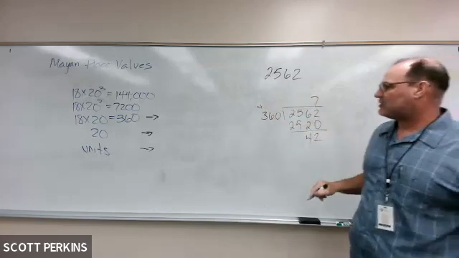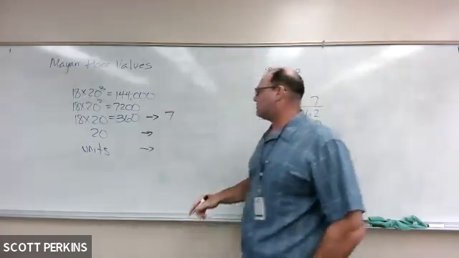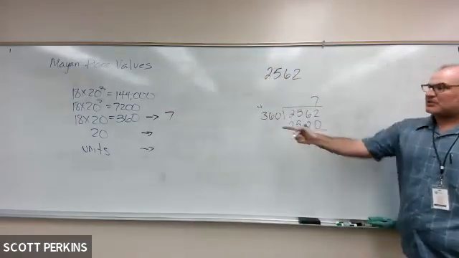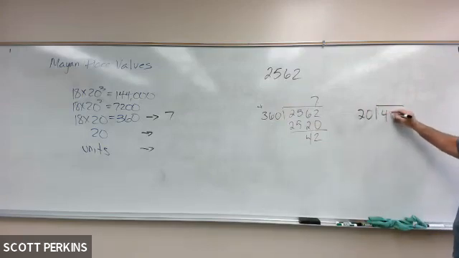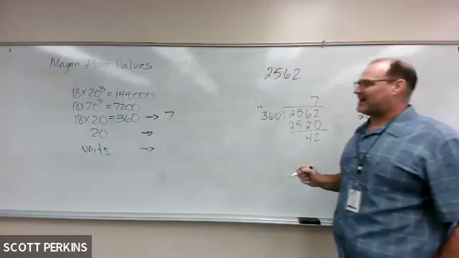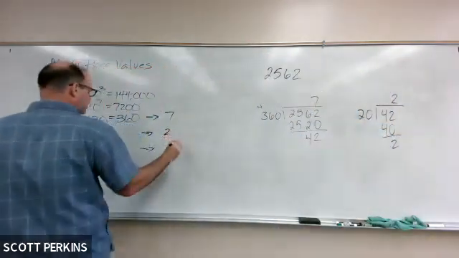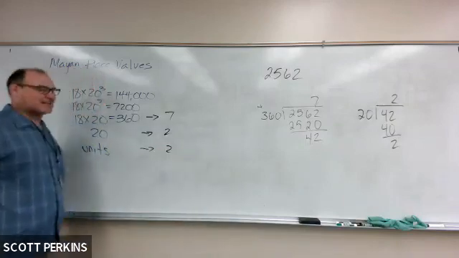We're left with 42. So there's 7 of those. I now take the 42 and go to the next place value, which is 20. I divide that into 42, which goes twice and leaves 2 as a remainder. So there's 2 groups of 20, and then there's 2 units left over.